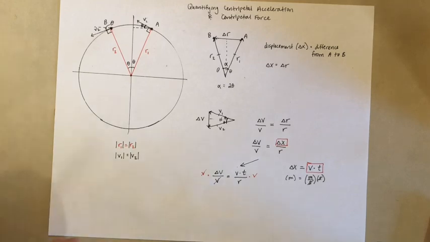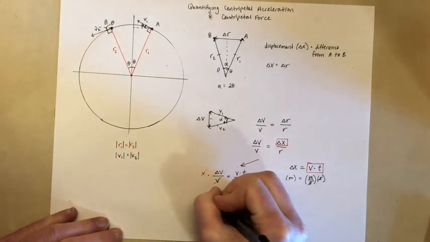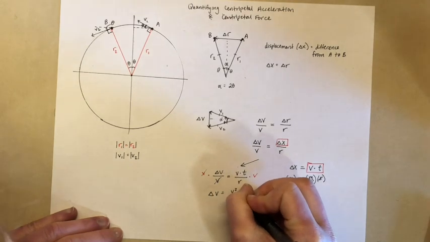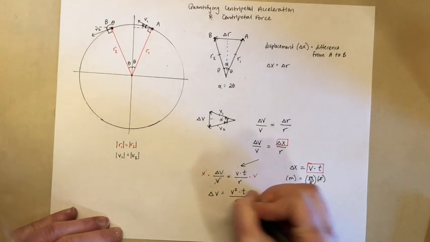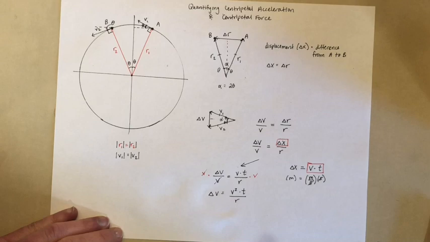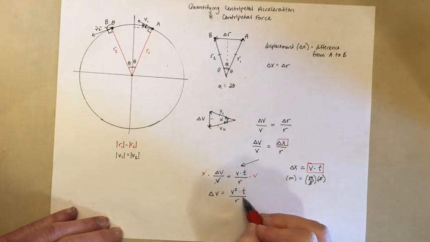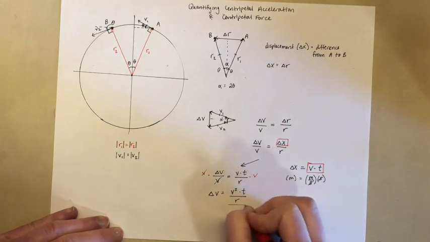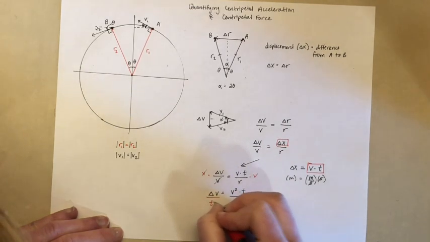And overall this becomes delta V is equal to V times V, which gives me V squared, times time, over R. And then the last step is that I want to move this time variable over to the other side. So since it's multiplying this side, I'm going to divide by T on both sides.